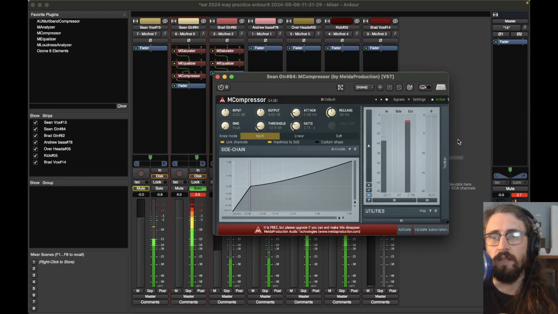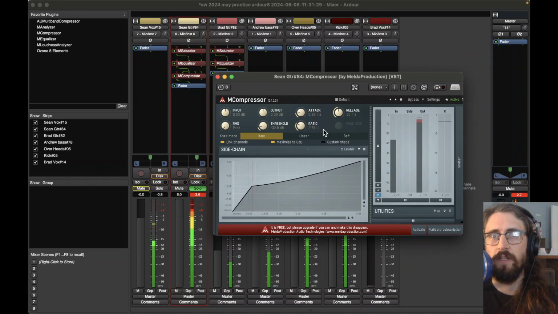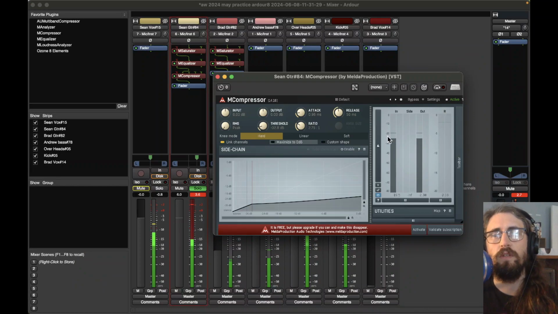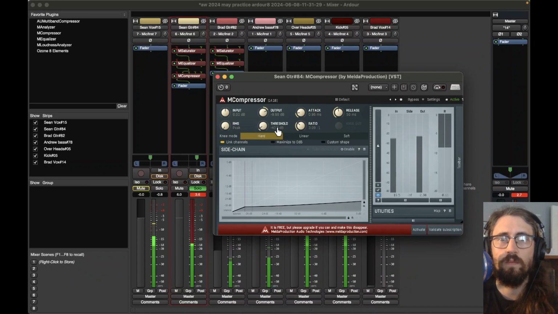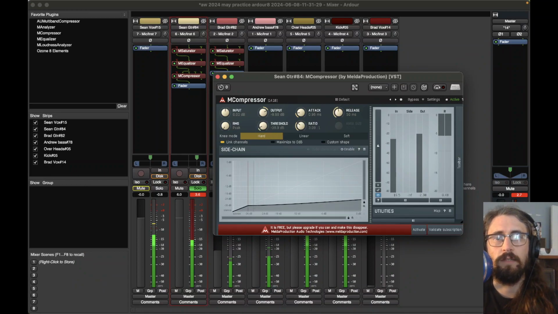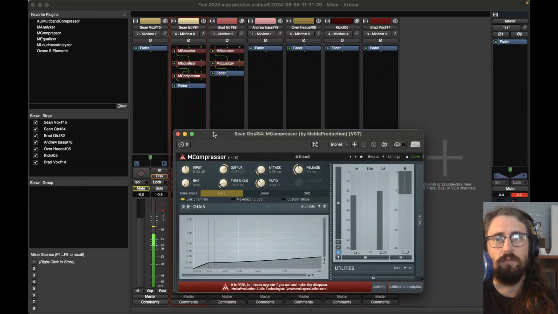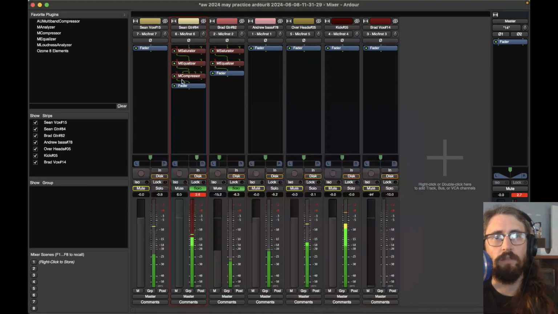Seems like it's auto gaining. It's definitely auto gaining. Why is it doing that? Oh, maximize. Okay, don't do that. There we go. Alright, bring the threshold way down. A lot. Then we'll bring this up a lot. Okay, that's pretty good. It's good enough.